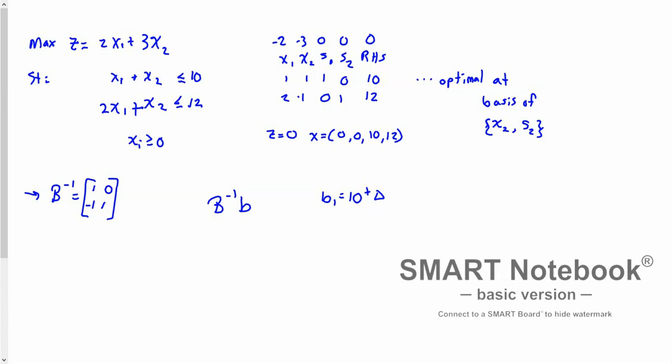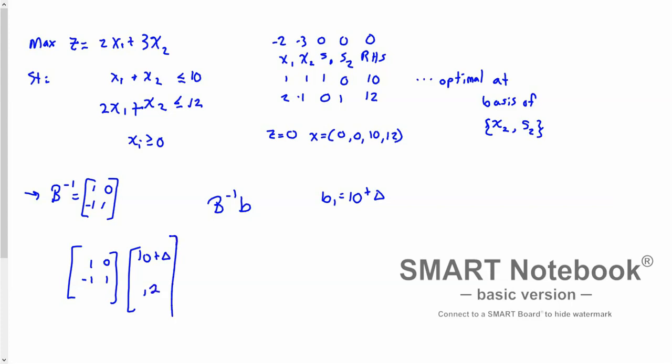Alright, now this formula is actually really simple then. So B inverse times b, which is going to be 10 plus delta, 12. So let's write that out. 1, 0, -1, 1 times our new b vector, which is 10 plus delta and 12.